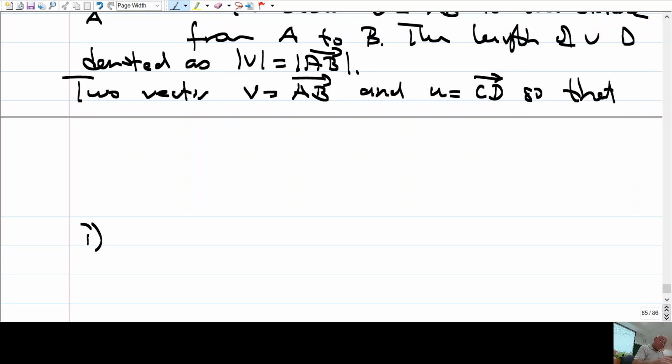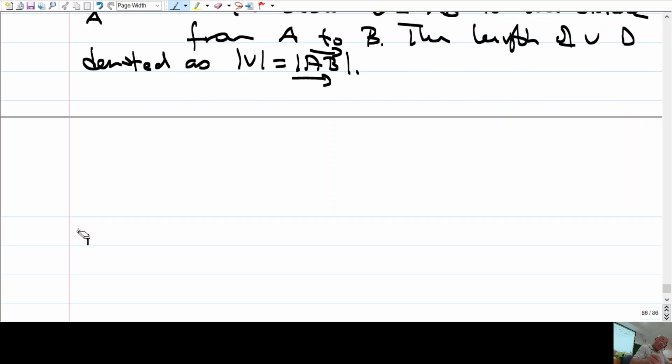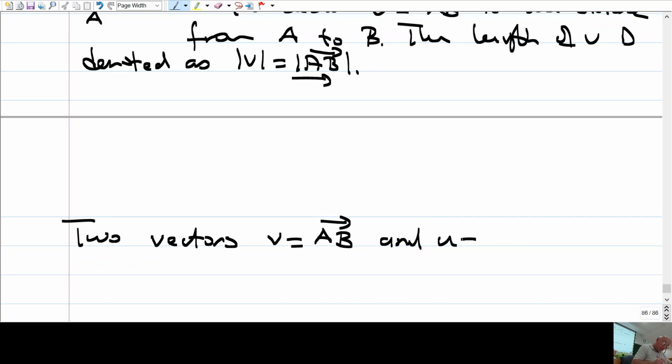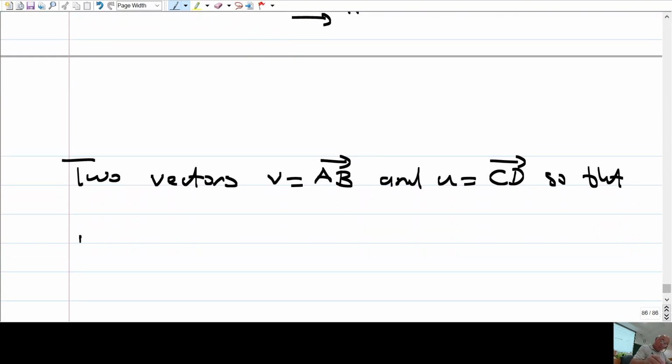And if we have two vectors, okay, let me write this line over here. Two vectors, AB, let's say, and CD, so that first, the length of V is equal to the length of U, so the same length.